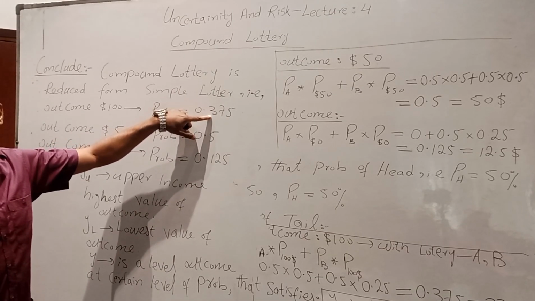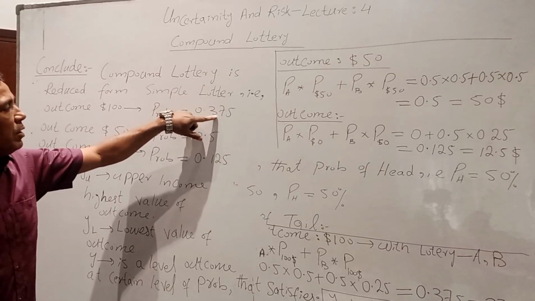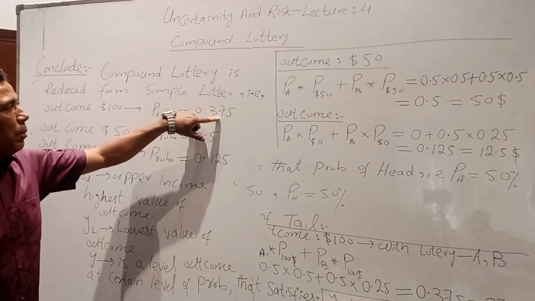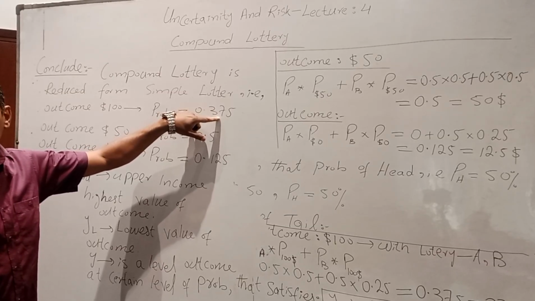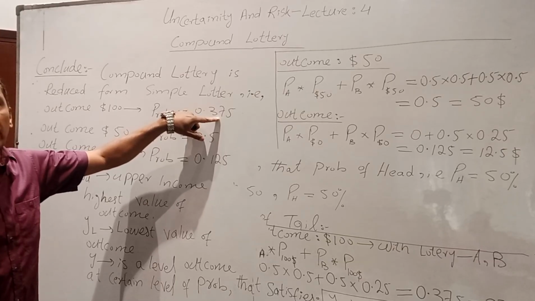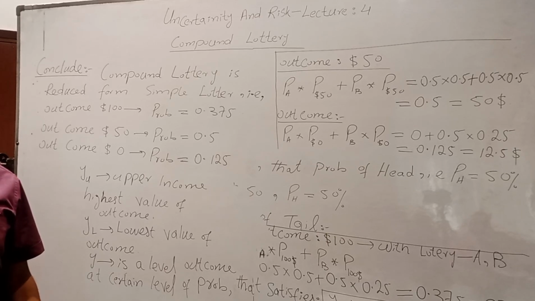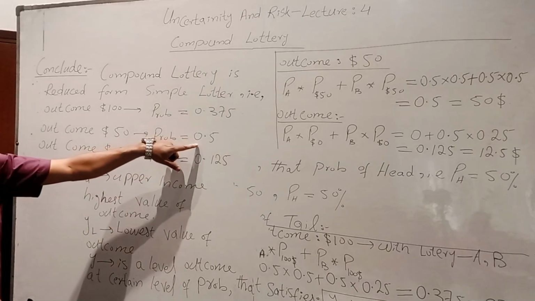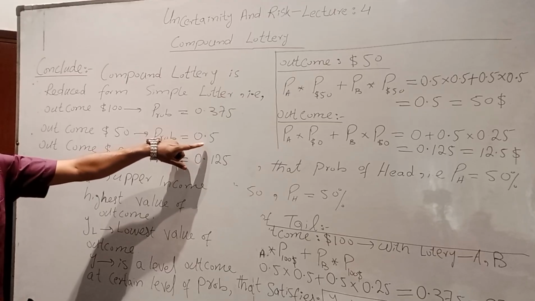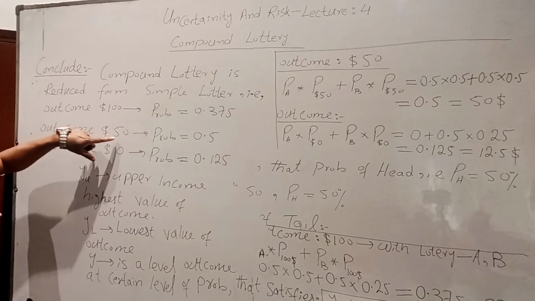Either you decide to play lottery A or B, there is a 0.375 probability to win $100. Clear? That is the common probability that gives the same level of outcome, either you play lottery A or lottery B. And the same kind of thing here: there is a 0.5, that is 50% probability to win a $50 outcome through both lotteries.